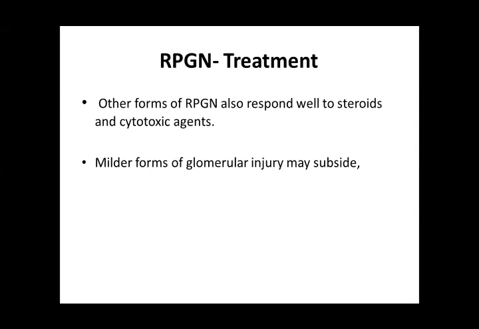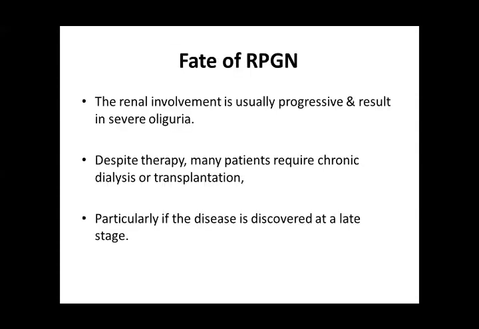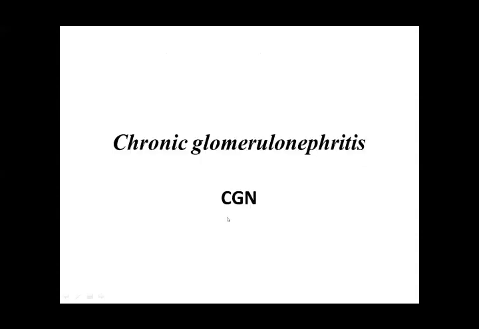Milder forms of glomerulonephritis may subside. Renal involvement is usually progressive and results in severe oliguria. Despite therapy, many patients will end up in chronic renal failure, and they will have to have dialysis or transplantation, particularly if you don't discover the disease.